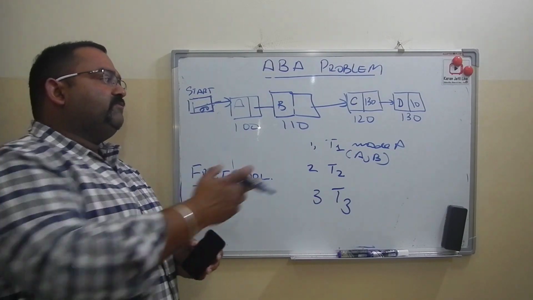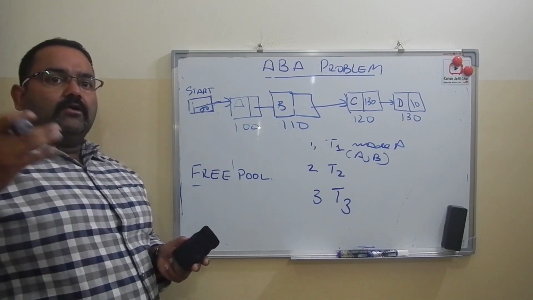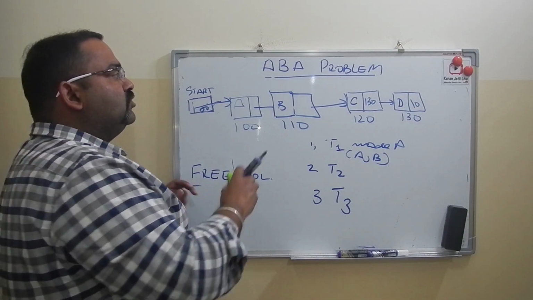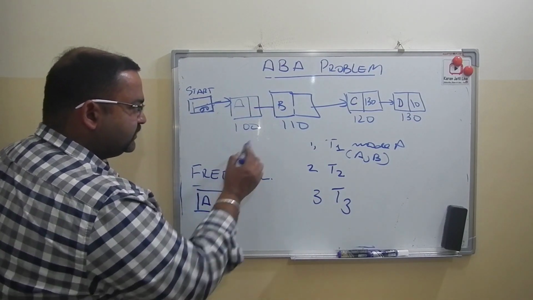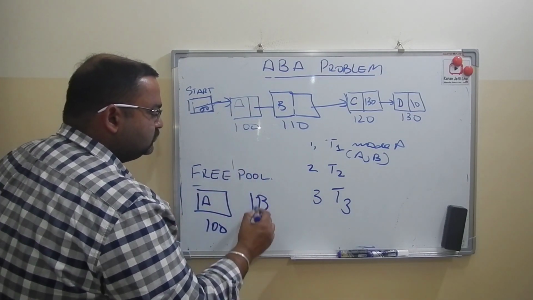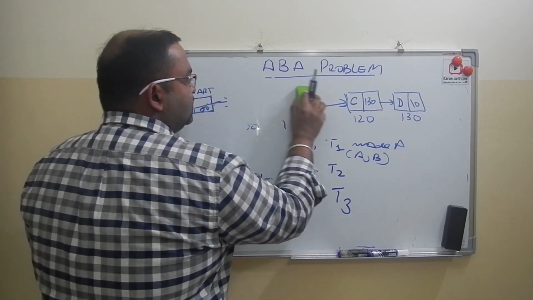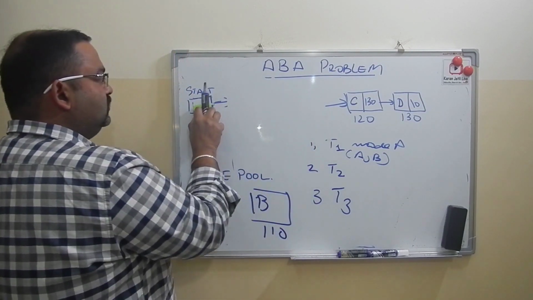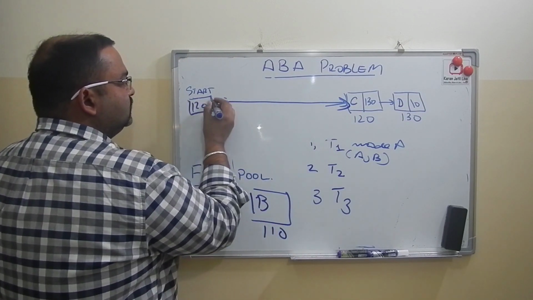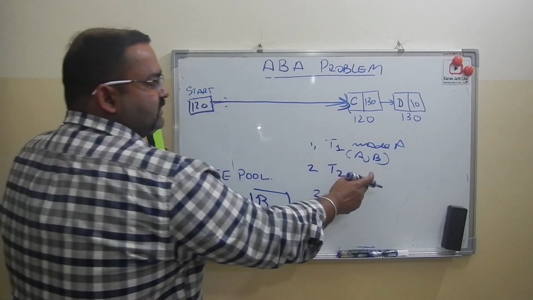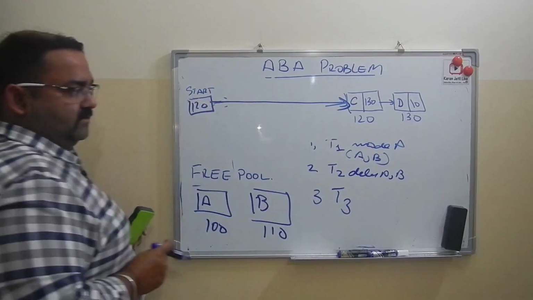Now suppose before T1 gets the lock, thread T2 gets the lock and it deletes both node A and B. So A comes to the free pool, address of A is 100. B also comes to the free pool, address of B is 110. And the start starts pointing to node C, which is 120.